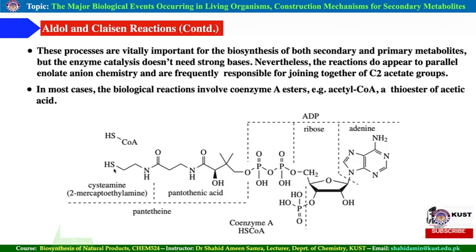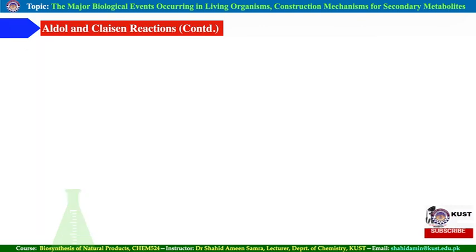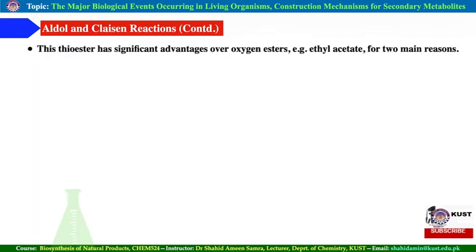If it accepts an acetyl group that will be attached to this sulfur, it will be named acetyl coenzyme A. Now, this thioester has significant advantages over oxygen esters like ethyl acetate that we talked about before during the discussion of Claisen type reactions.